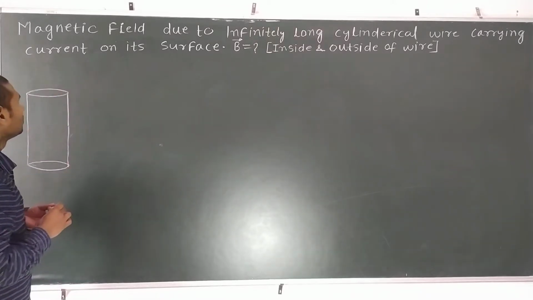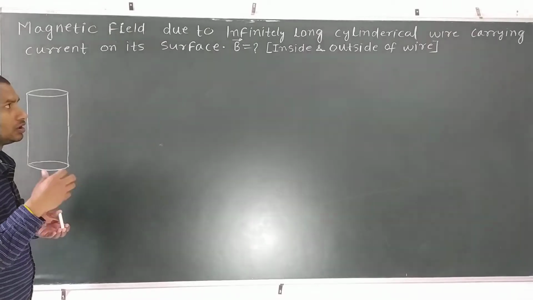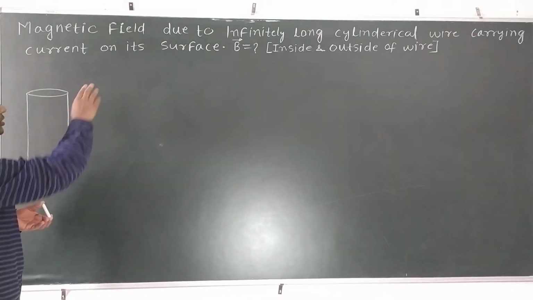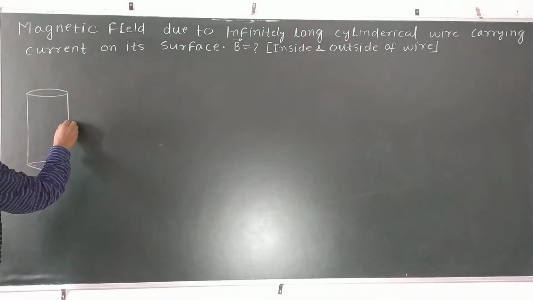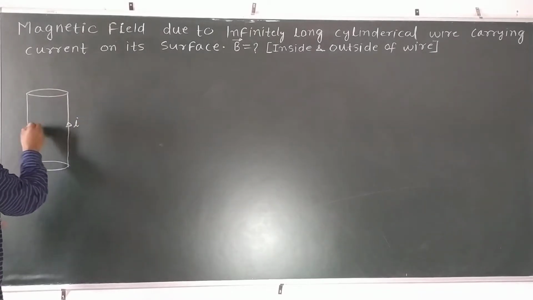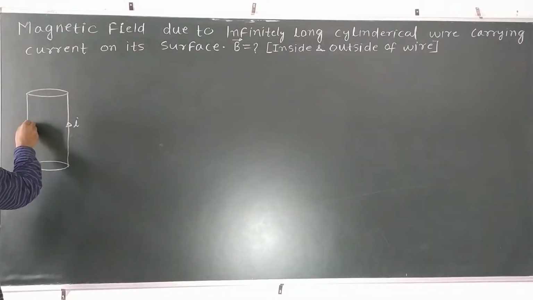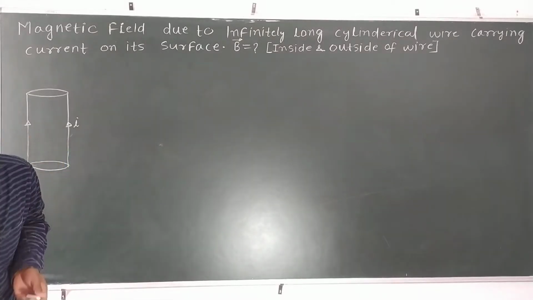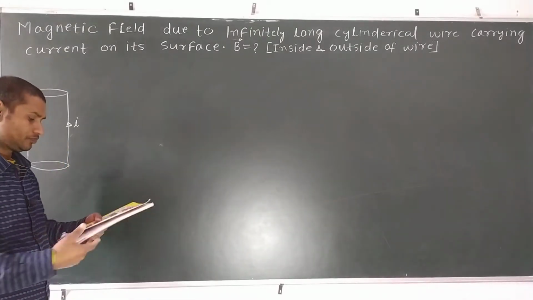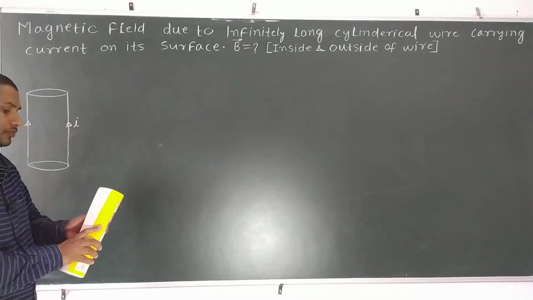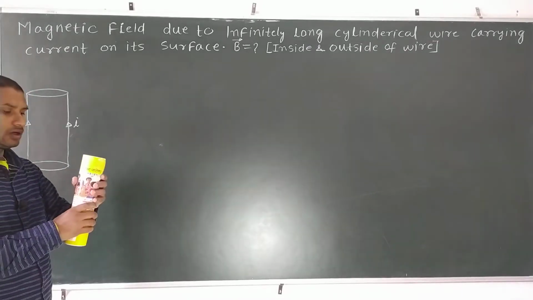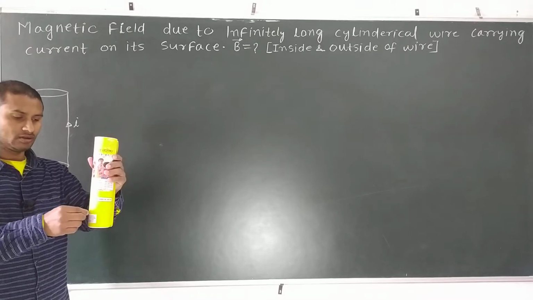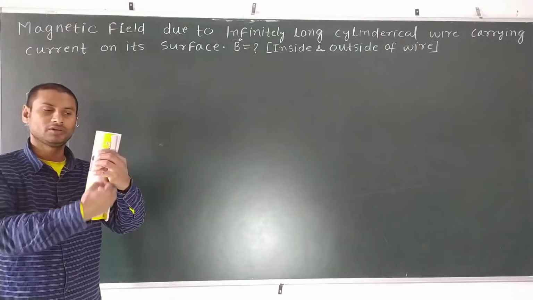In the heading, magnetic field due to infinitely long cylindrical wire carrying current on its surface, the current is flowing only on the surface of that cylindrical wire.